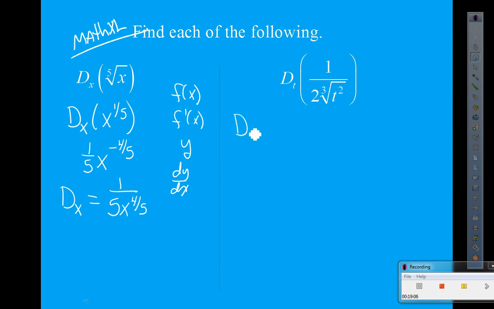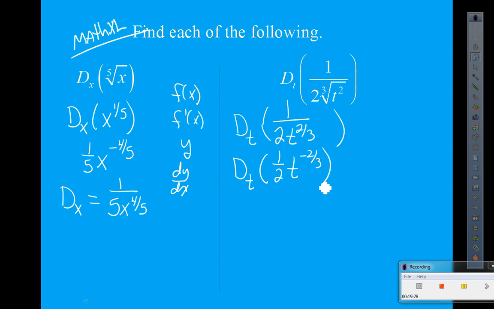So, write it as something we can find the derivative of. So I'm going to write this as 1 over 2t to the 2/3, which becomes 1/2 t to the negative 2/3. Now I'm ready to use the power rule.